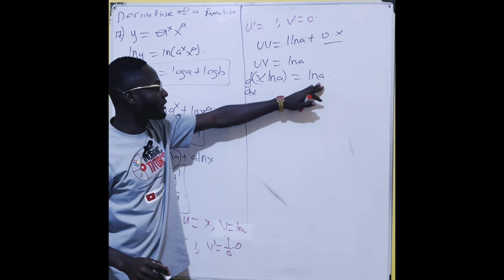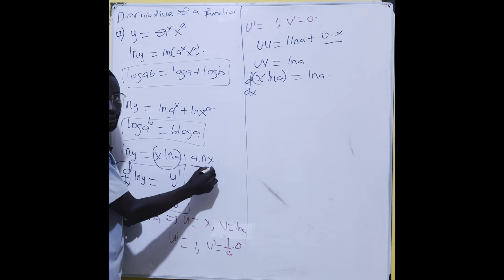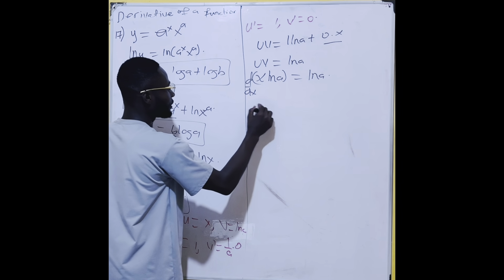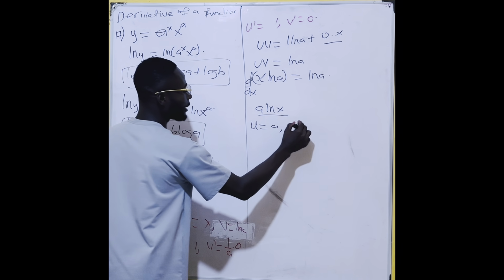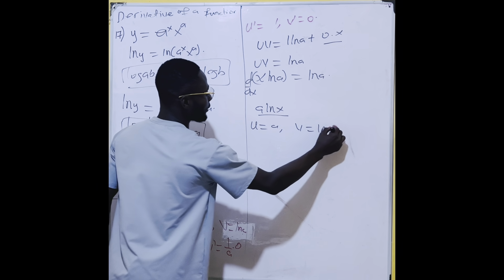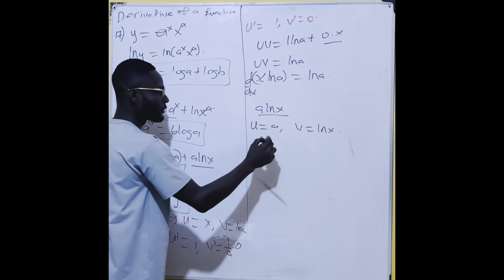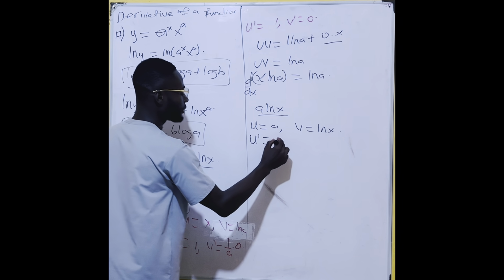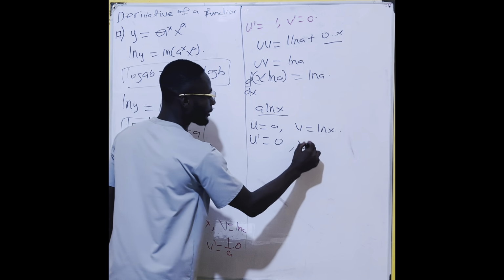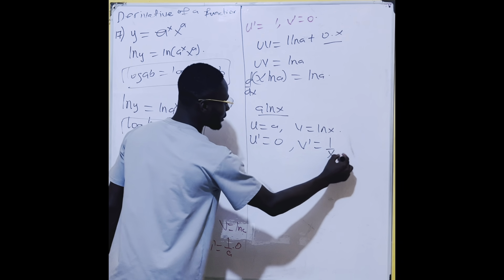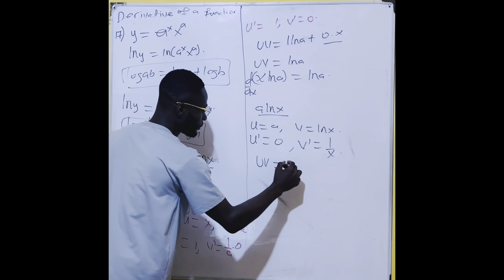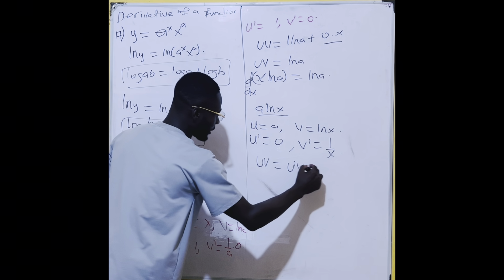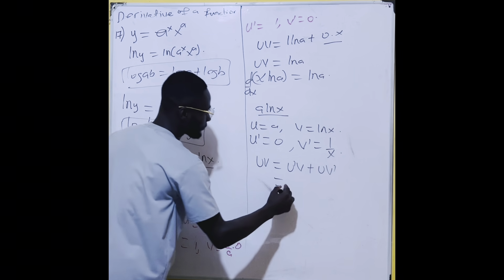So we are going to consider the second term, which is a ln x. So we differentiate a ln x. Here our u is a and our v is ln x. Okay, so u prime will be what? 0, and our v prime will be 1 over x. So the derivative of uv will be equal to u prime v plus u v prime.